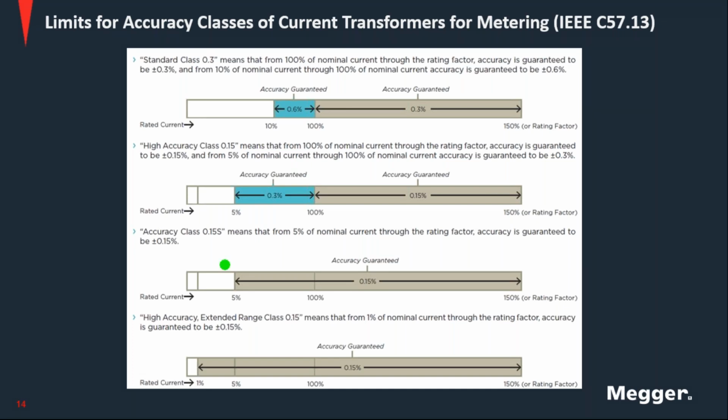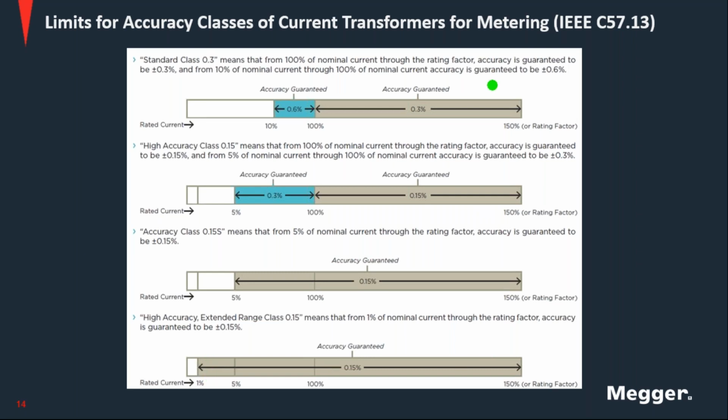So now the manufacturer is guaranteeing this accuracy of 0.15 down to 5%, so throughout the entire range of operation, and there's one more accuracy class that guarantees even down to a lower loading condition.